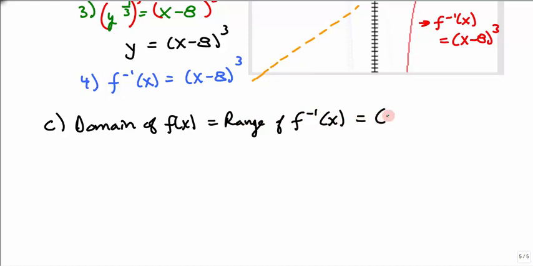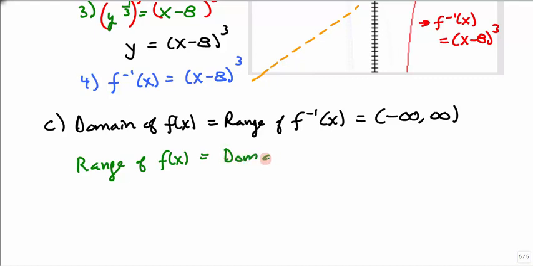And they're both equal to all real numbers from negative to positive infinity. Now the same will hold true for the range of f of x being the same as the domain of the inverse. And in this case, it's all real numbers, negative to positive infinity.